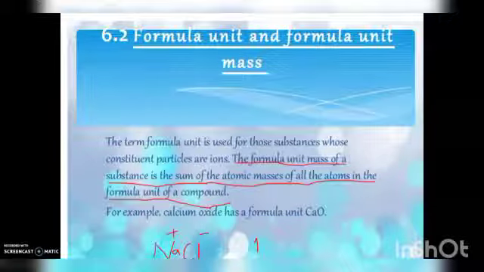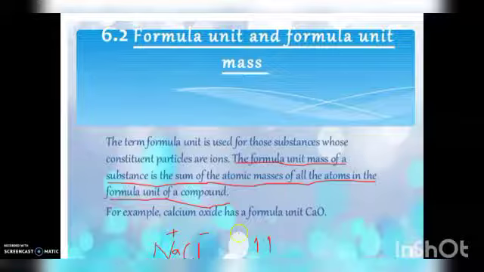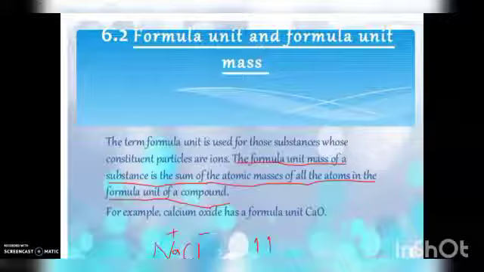If we check any part of this crystal, sodium and chlorine are in the ratio of 1:1. For example, if we take calcium chloride, the ratio is 1:2. So we have to calculate the mass of the ions in the formula. That is the formula unit, for example calcium oxide or calcium chloride. We have to take the mass of the constituents in the formula.